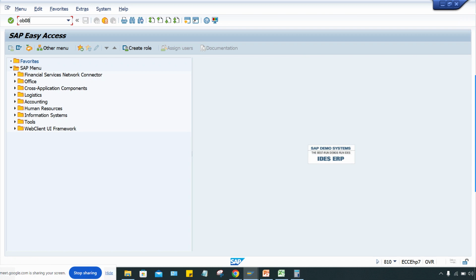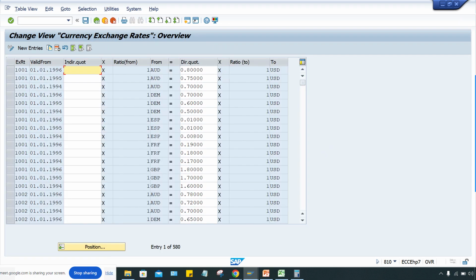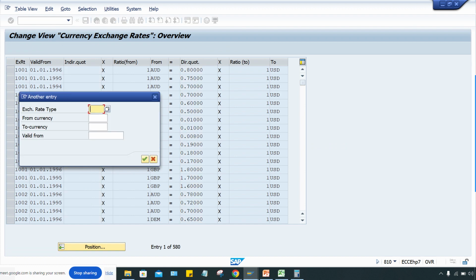Go to OP08. So here, which value have I specified? Exchange rate type M, USD to INR, and validity.